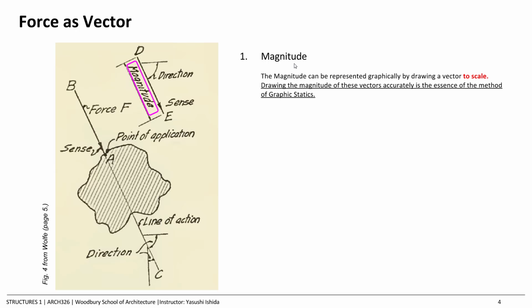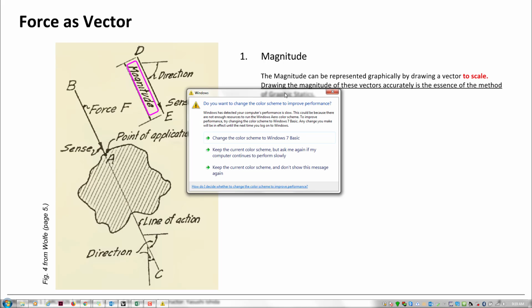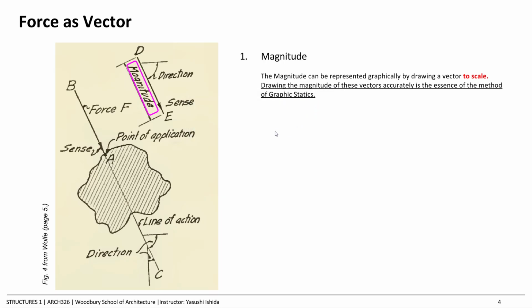You can just draw them graphically correct, and you can measure it. And that's what we're going to do because we have access to CAD software, all in an effort to facilitate conceptual understanding without getting bogged down by cumbersome calculation.